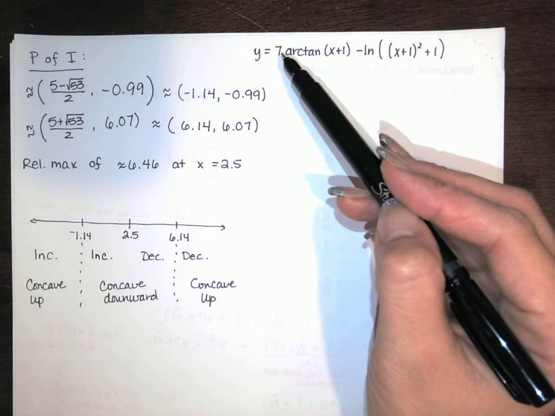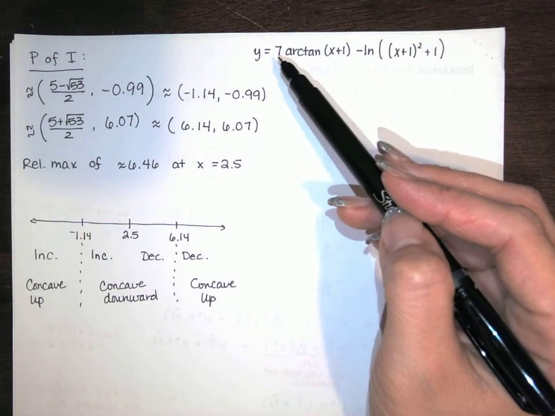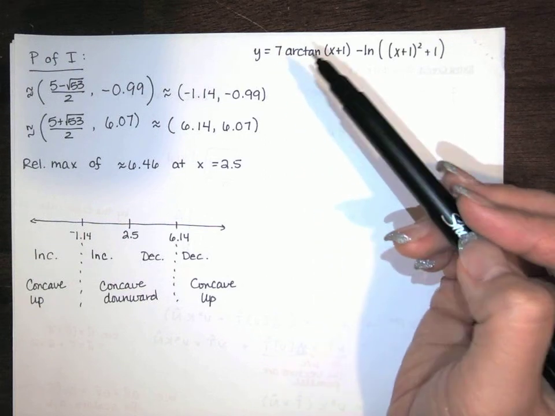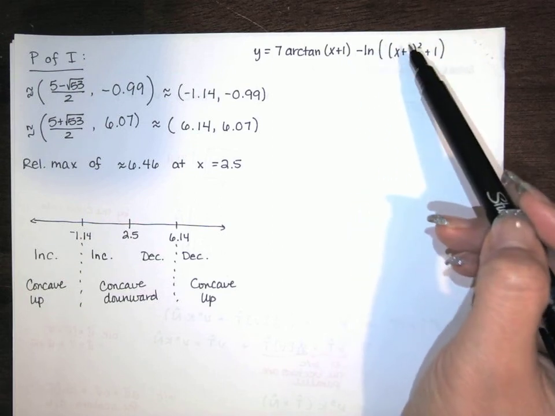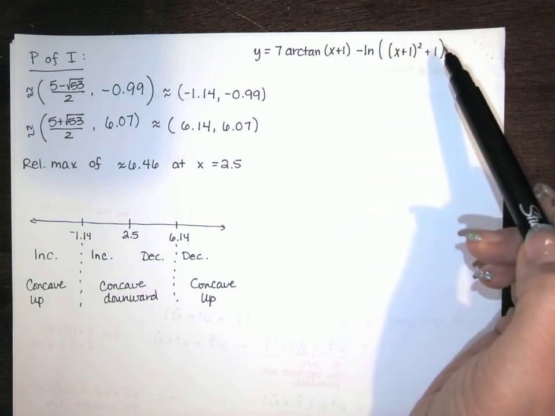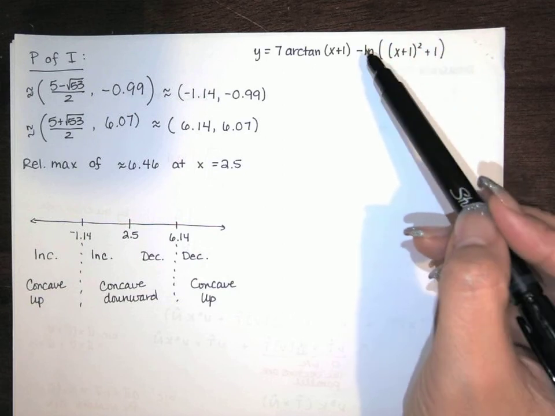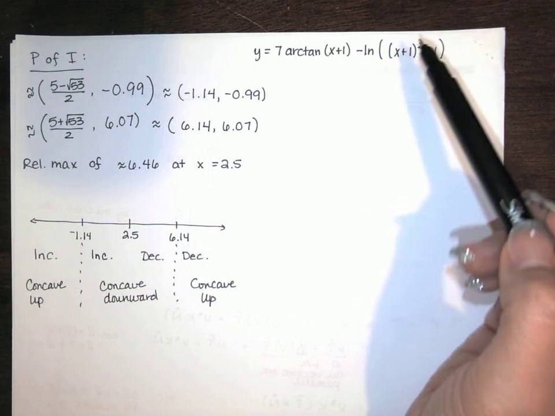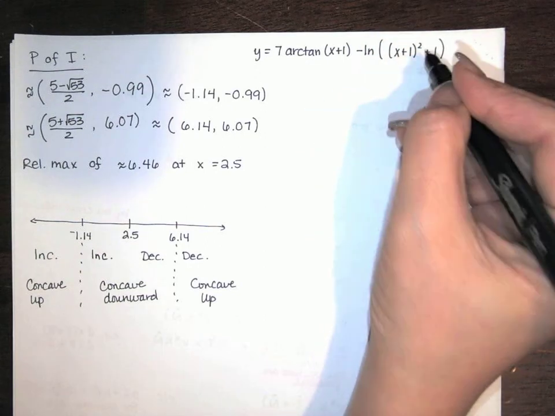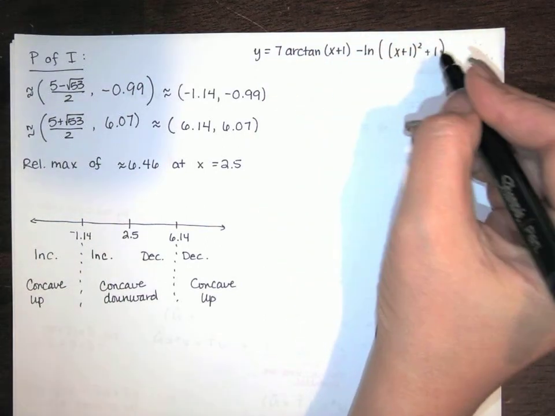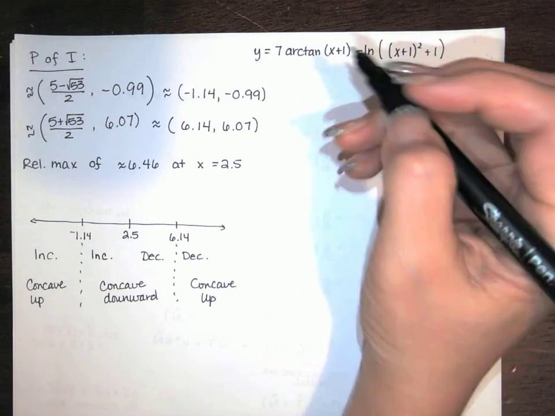So when I multiply by 7, the range is negative 7 pi over 2 to 7 pi over 2. But then I'm subtracting something from it that's slowly growing to positive infinity. So the end behavior of this is going to be dominated by this because this part is bounded and this part isn't. This is going to infinity and I'm subtracting it.